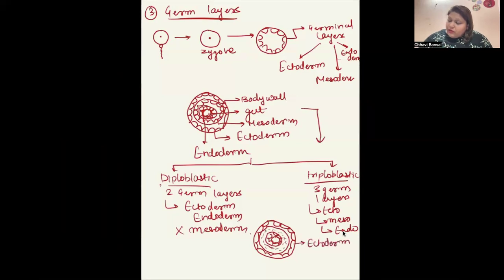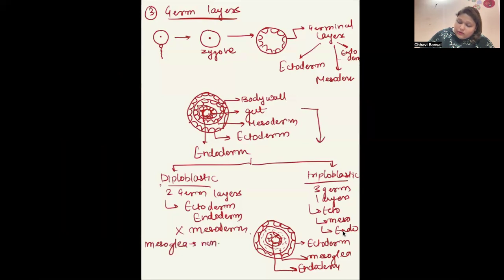Ectoderm, mesoglea, endoderm. Mesoglea is formed of non-living fibrous material. This is what a diploblastic organism looks like.